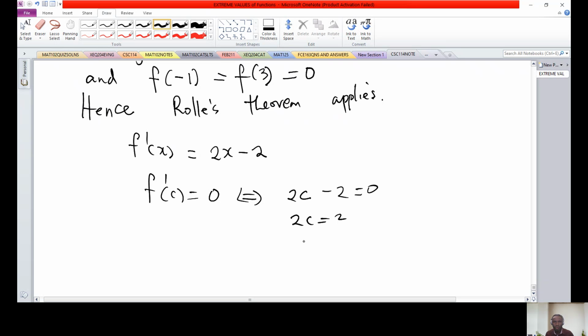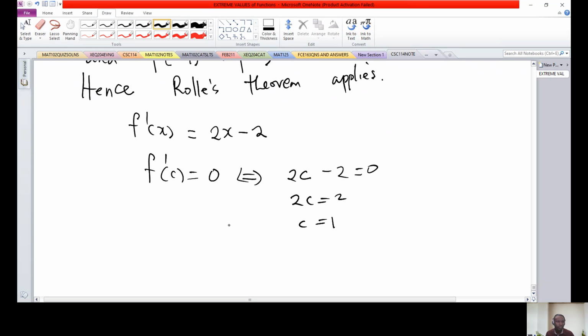So 2c equals 2, c equals 1. So we obtain x equals 1 as a critical point.